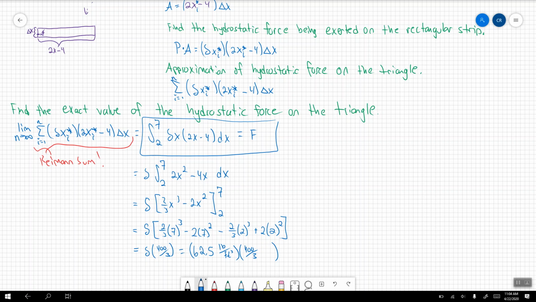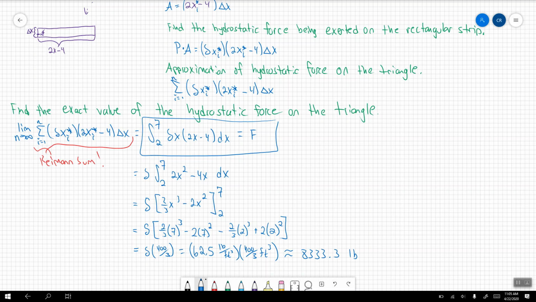All right, it's actually just going to be cubic feet because we have one that's cubed here. My apologies. There we go, cubic feet. And now all I do is multiply. When I multiply, I actually get an approximation here. My approximation here is going to be 8333.3, and this is going to be pounds.